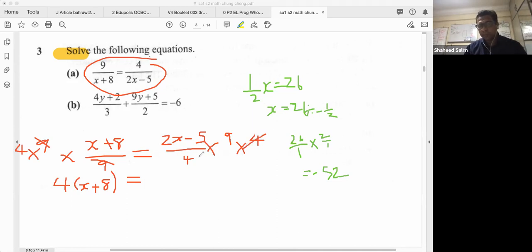9 bracket 2x minus 5. Okay. And then we can solve. You all can solve, right? 4x: 4 times x, 4x. 4 times 8, 32.